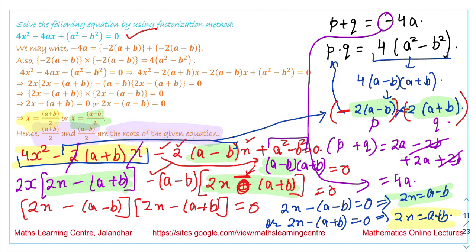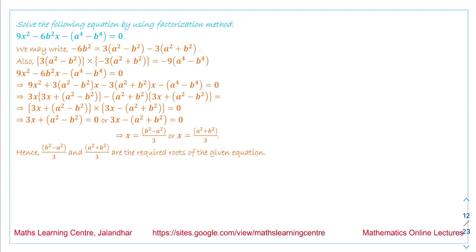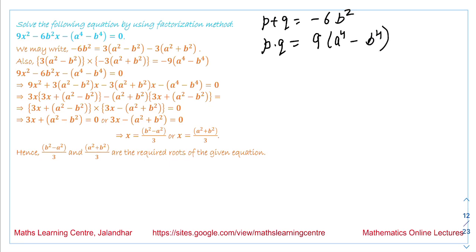Next is: solve the following equation by using the factorization method. Again we require two terms, p plus q equal to minus 6b square, and p into q equal to minus 9 into (a raised to power 4 minus b raised to power 4), with a negative sign.